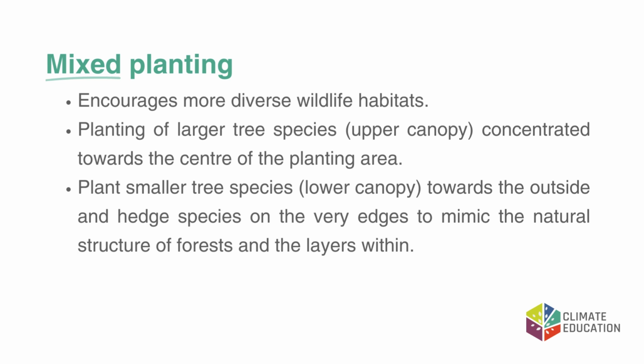And this mimics a natural structure that we would observe in any forest or woodland throughout the UK. And we get the correct layers. So three-dimensionally, if we were looking at the trees from the side, we'd have the smallest species, and then towering hopefully above them in many years' time would be our upper canopy trees.